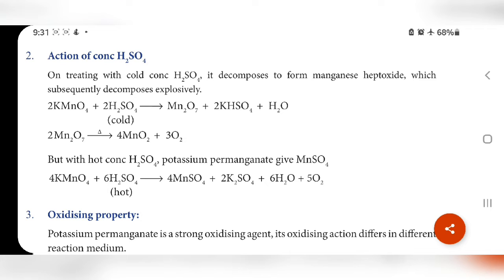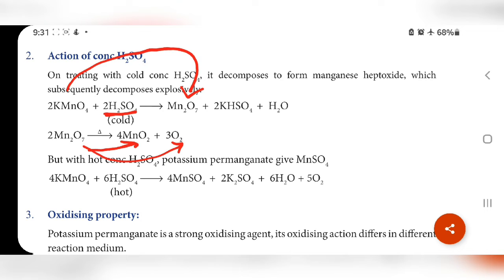On treating with cold concentrated sulfuric acid, it decomposes to form manganese heptoxide, which subsequently decomposes explosively. That is, that Mn2O7 is split into MnO2 and O2.